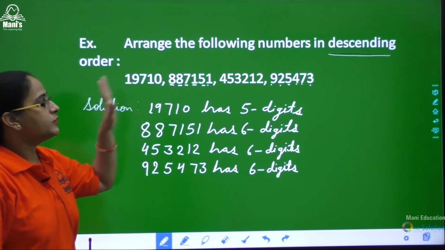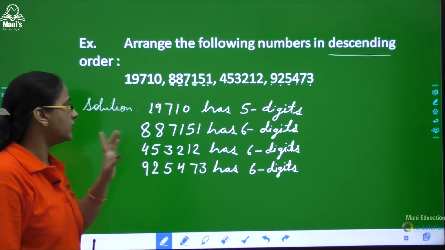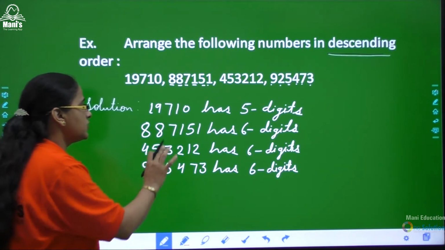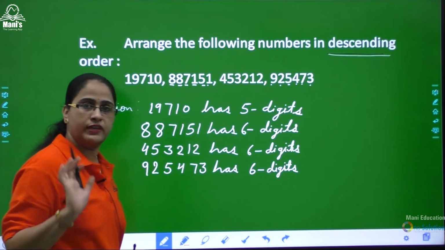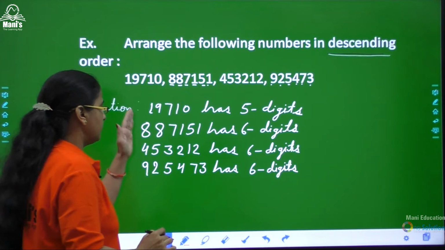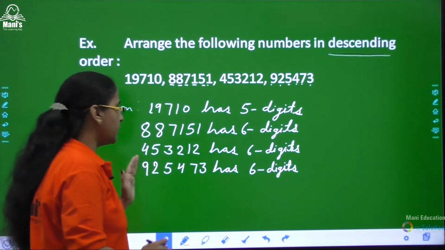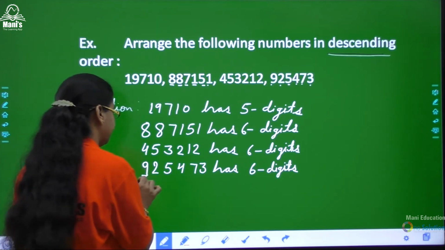So we have to write into the descending order. We have to go from larger to smaller. For that, we see that 19710 is a 5-digit number, so it is the smallest one. Now we observe the leftmost digits of the numbers. The number with the greatest leftmost digit is the greatest.